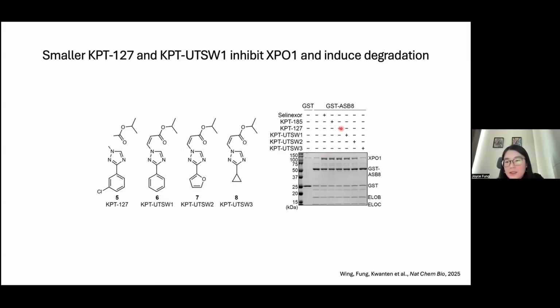And so we tested these inhibitors, and Casey did the binding and saw that ASV8 binding could still happen with 127 equivalent to 185, as well as UT Southwestern 1, and it starts getting weaker with the smaller things. And it's very likely because these small inhibitors don't actually get on Exportin as efficiently due to a weaker K-on.